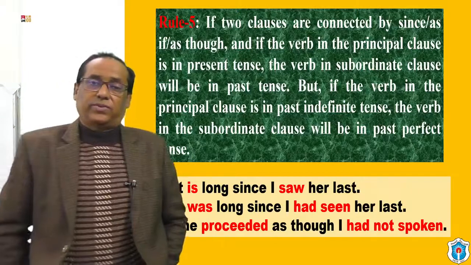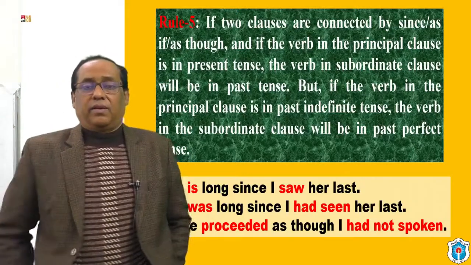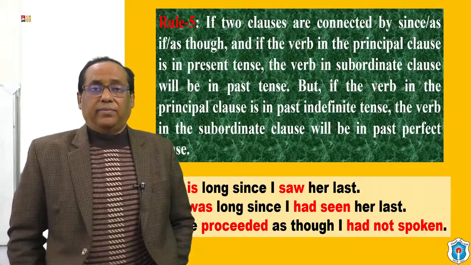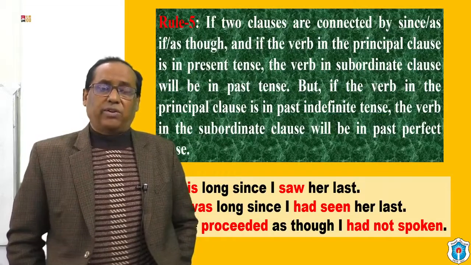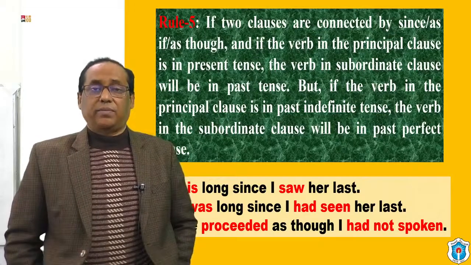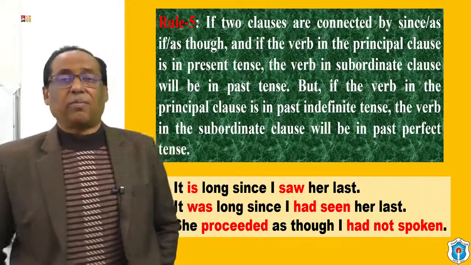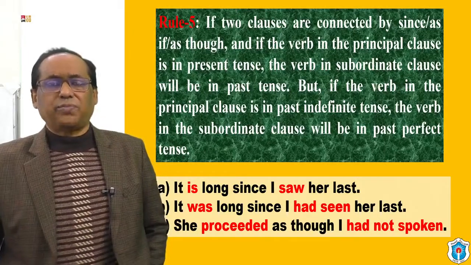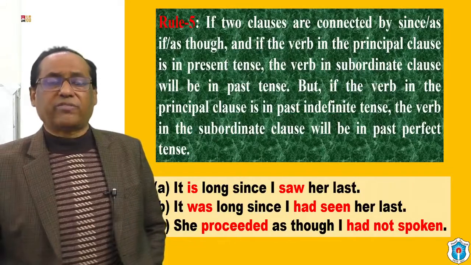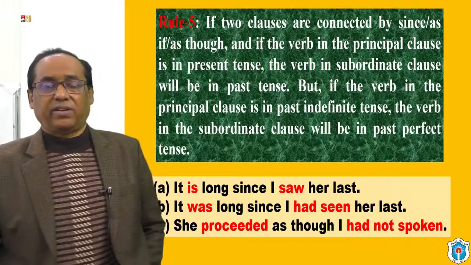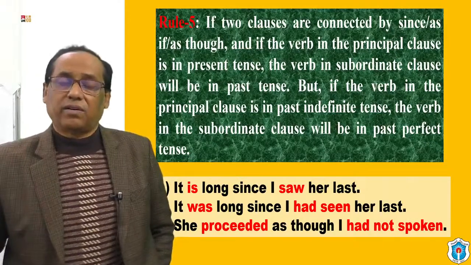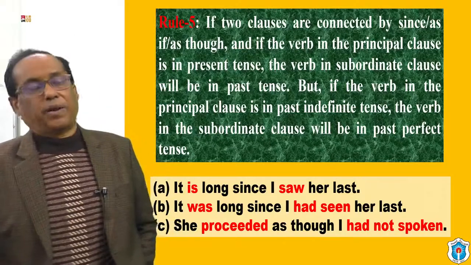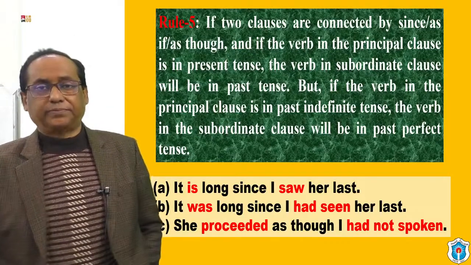My dear students, I told in my first lecture on right form of verbs that verb is the heart of a sentence. Most important grammatical rules and factors are related to the right form of verbs. Okay?